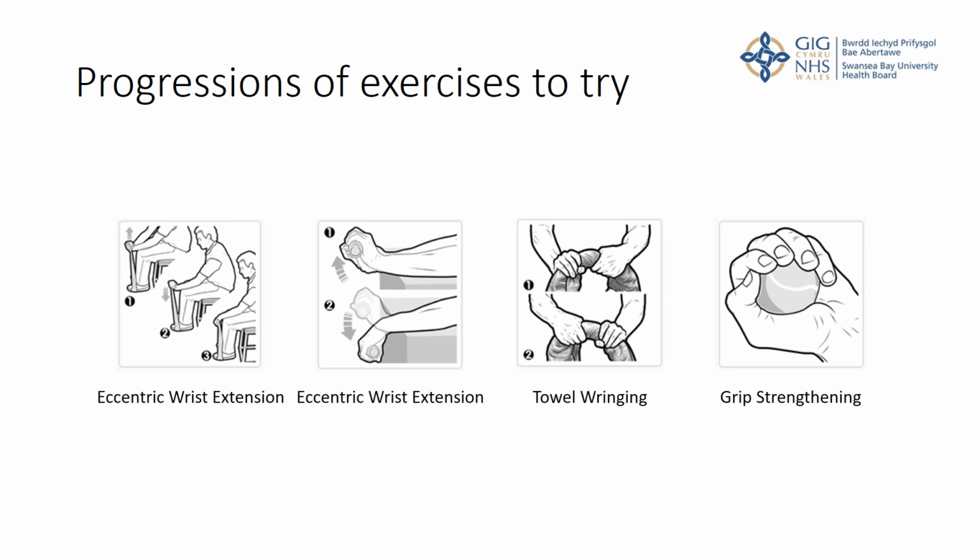Again, like the isometric exercises, if you feel these are becoming a bit too easy or you want to progress, increase the repetitions or increase the amount you do throughout the day. There are a few exercises you can clearly see on the next couple of diagrams.